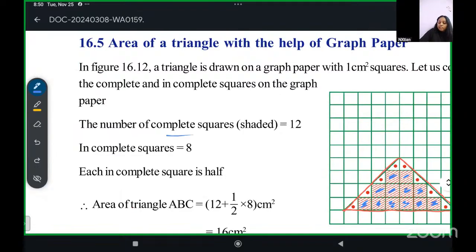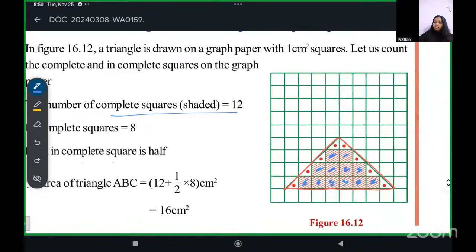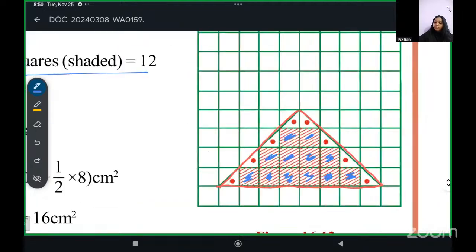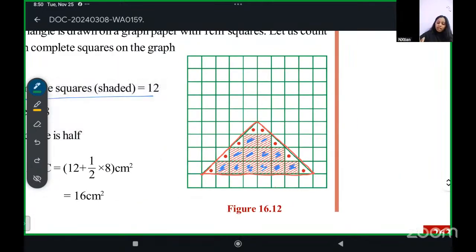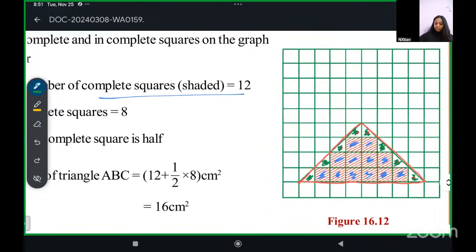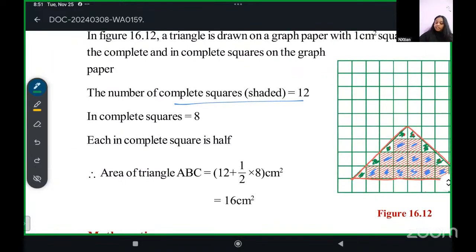Now we will calculate how many are half shaded. 1, 2, 3, 4, 5, 6, 7, 8. In this one there are 12 completely shaded ones and 8 half shaded ones. So write down: complete squares 12, half ones are 8.